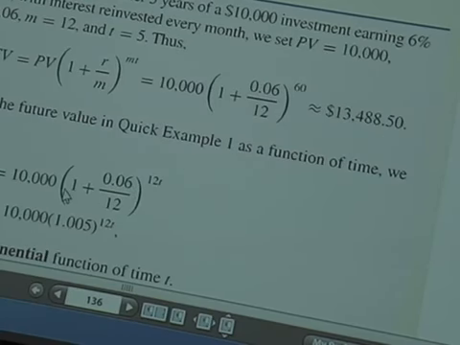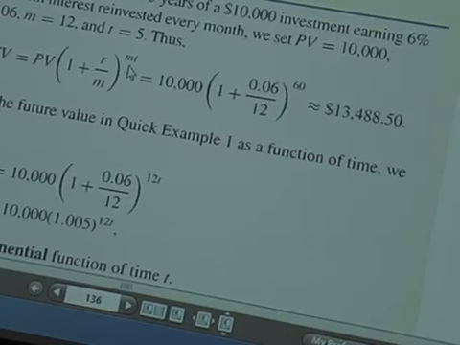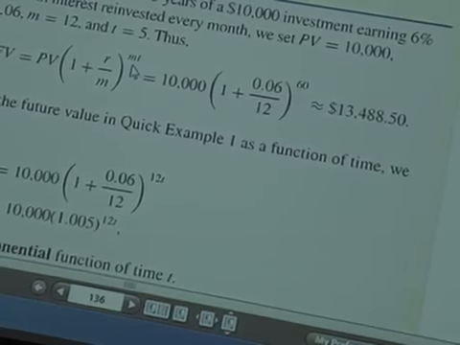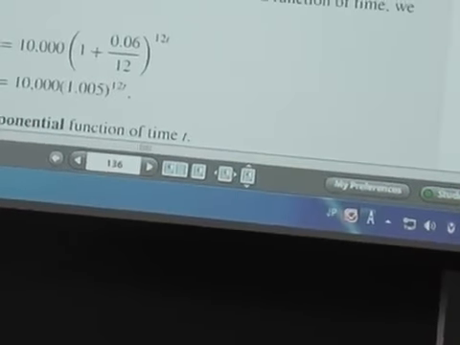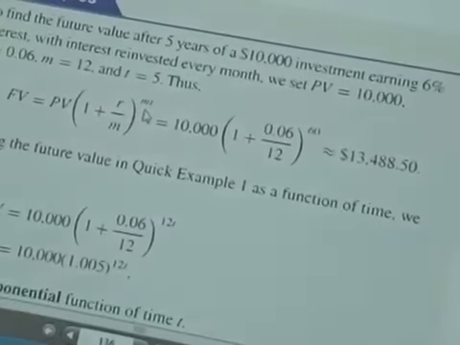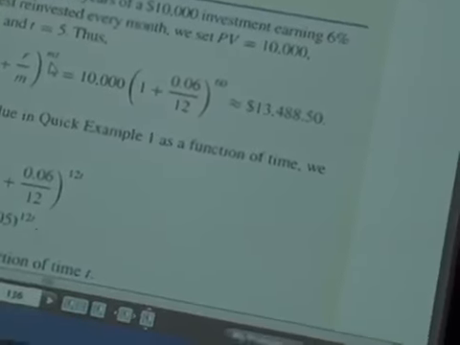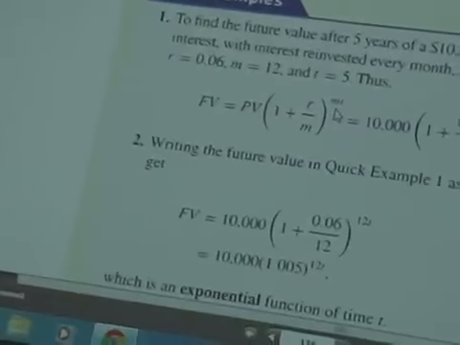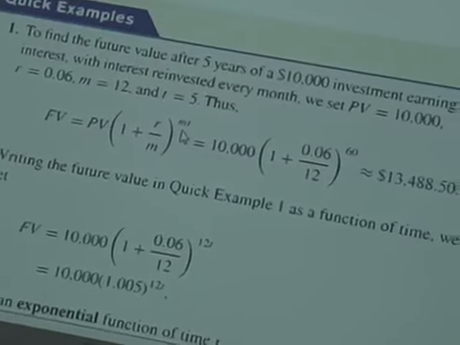488.50. Okay. All right, now, they say, let's write this as a function of time. What does that mean, a function of time? How about the number of APU students?